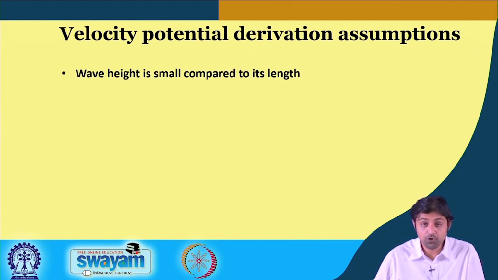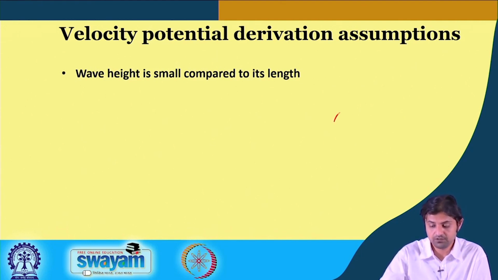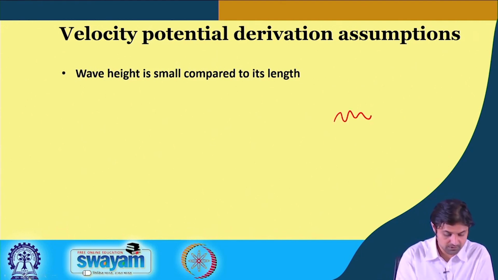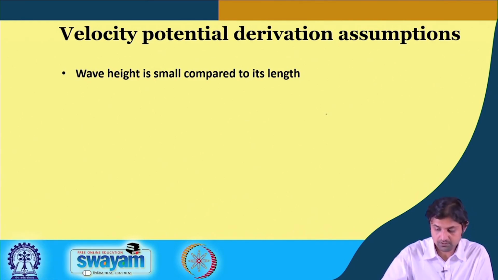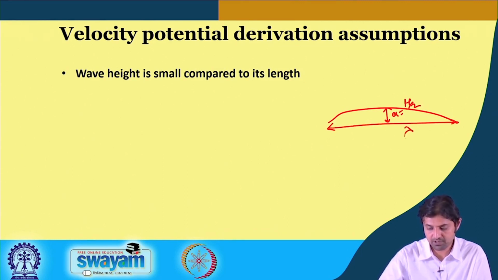Now, we also assume some additional conditions: that wave height is small compared to the length. So, let us say amplitude is equal to wave height H by 2, and for the wavelength lambda, this is lambda by 2.